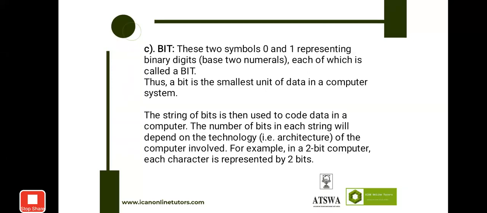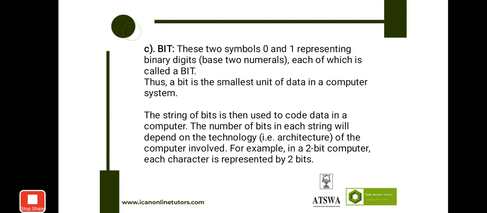The string of bits is then used to code data in a computer. The number of bits in each string depends on the technology, that is, the architecture of the computer involved. For example, in a 2-bit computer, each character is represented by 2 bits.